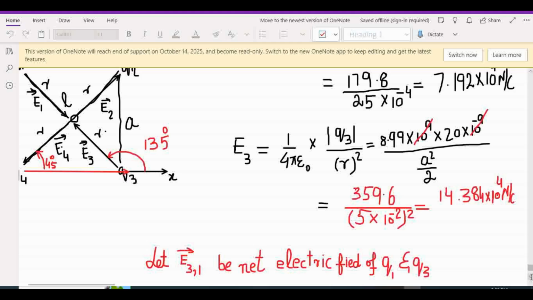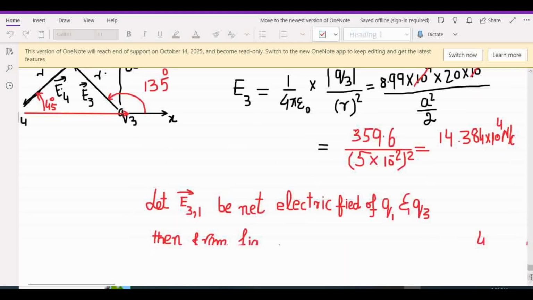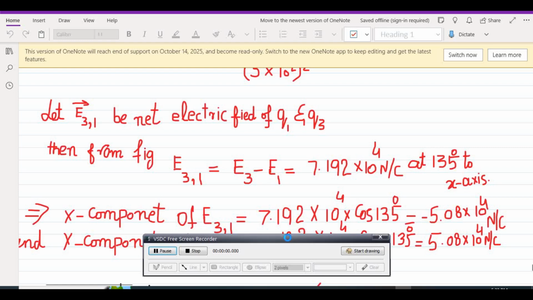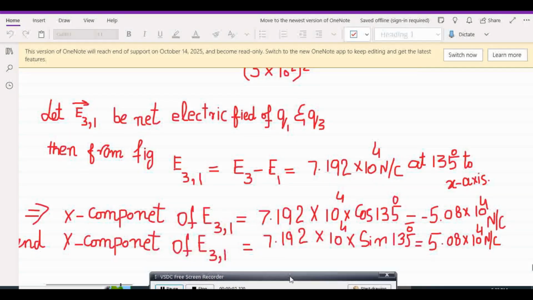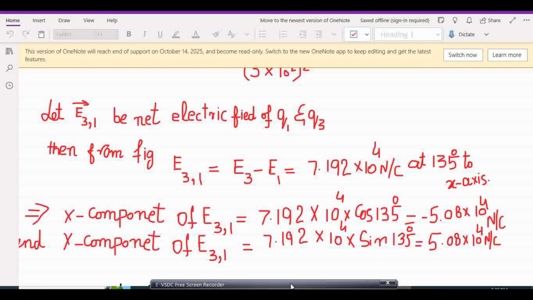So the net electric field due to Q3 and Q1, its magnitude will be E3 minus E1, and it is very obvious that E3 is 14.384 and E1 is 7.192. When we subtract, they are double of each other, so it comes out to be 7.192 into 10 raised to the power 4 Newton per Coulomb.